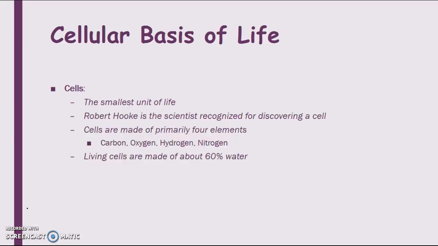So just a quick reminder that cells are the smallest unit of life. We learned that back in Lesson 1 when looking at our structural organization. The cell was being discovered by all these different scientists at one time using primitive microscopes, but Robert Hooke is the scientist that gave the cell its name, so that's why he really gets credit for it.